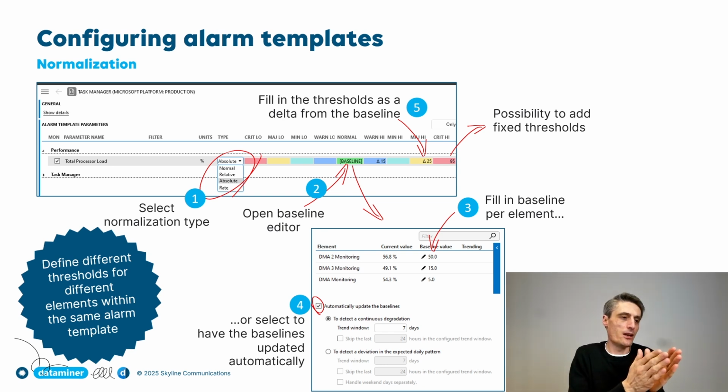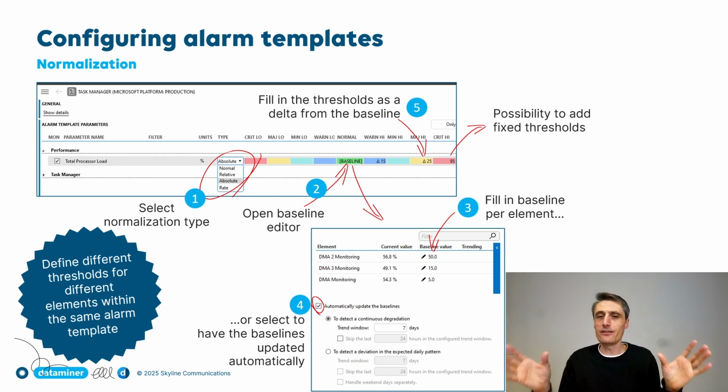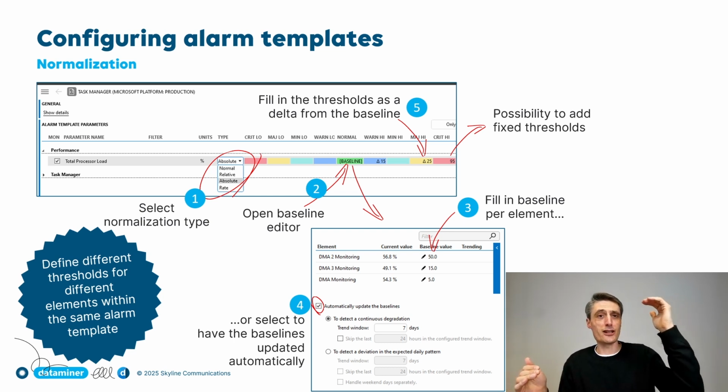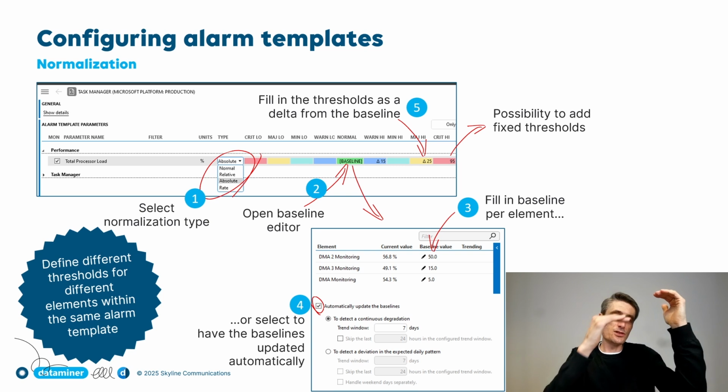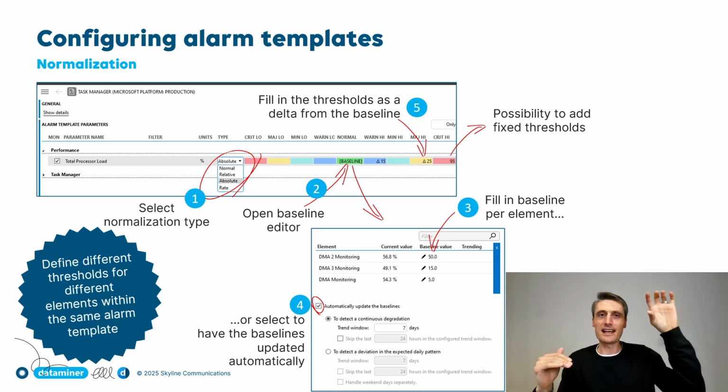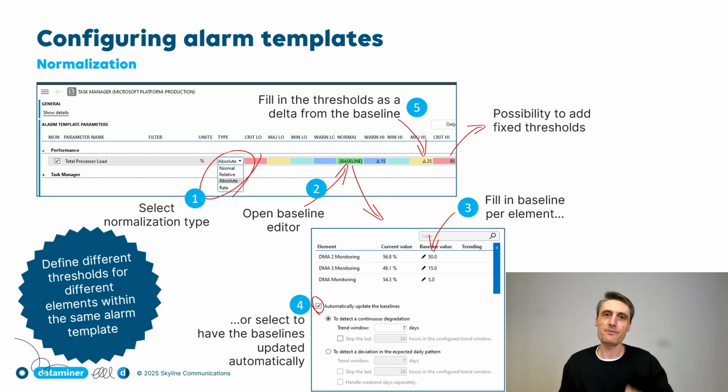So if you have 5 receivers, you can define one alarm template and say the first device has a high receive level, the second one a medium, and the third one a lower. And I define in my alarm template only a deviation or a delta from the normal expected value.